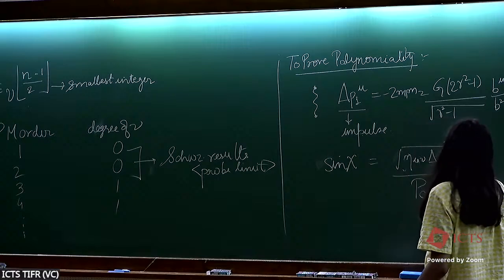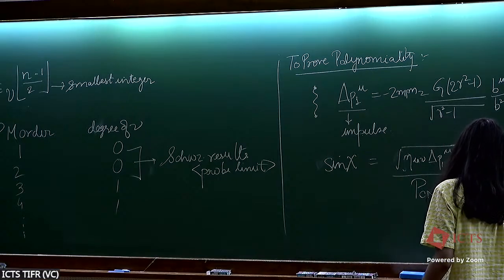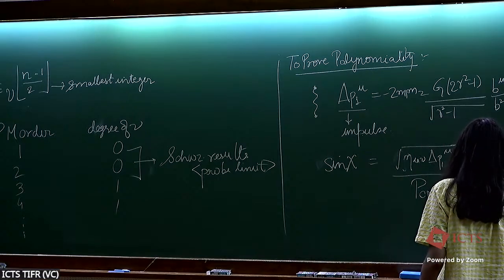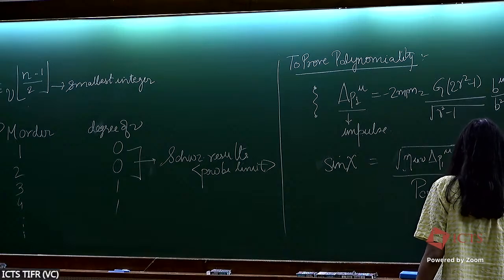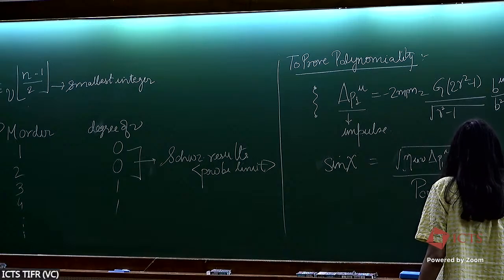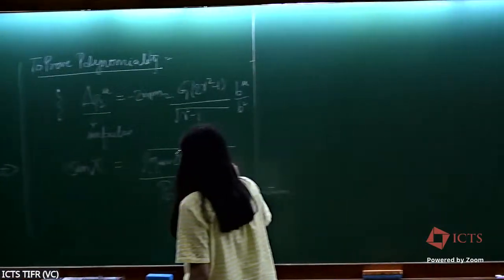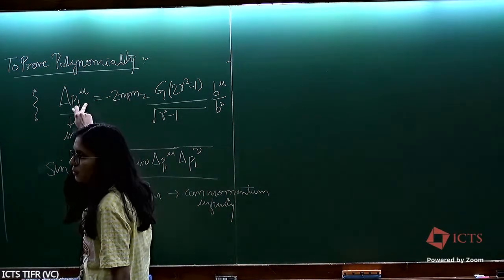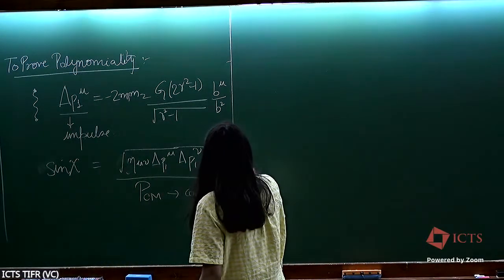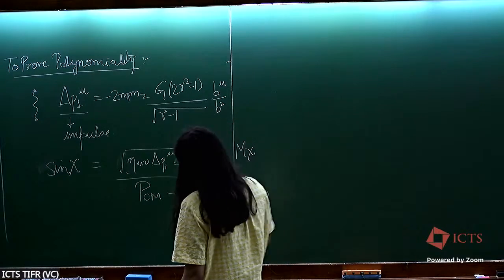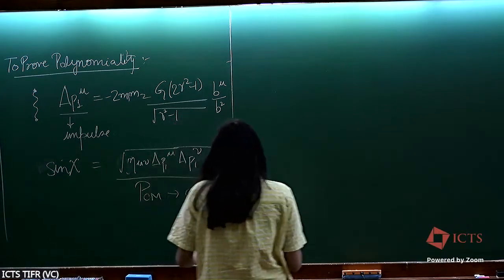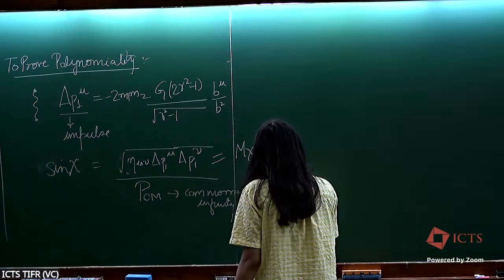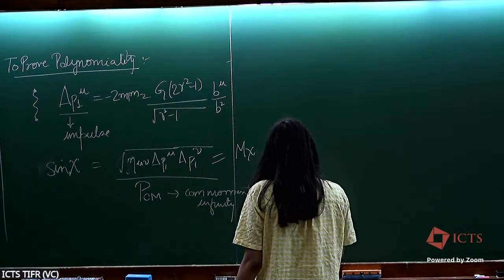where PCM is the center of mass momentum at infinity. And this is nothing but just the magnitude of the impulse that you have computed, which I denote as m of chi. And this center of mass momentum has to be mu times something.